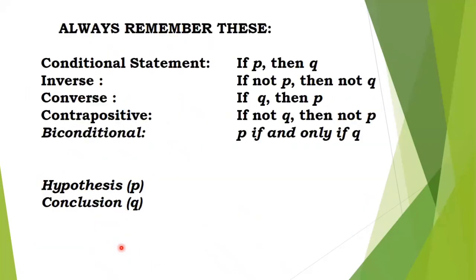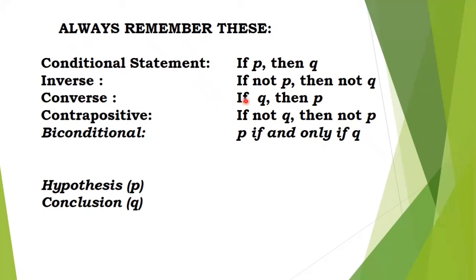Okay, all in all, we have to remember this. Okay, given the conditional statement, we have if P, then Q. So remember this phrase. The inverse will be, if not P, then not Q. Okay, the inverse statement is the negation of the conditional statement.